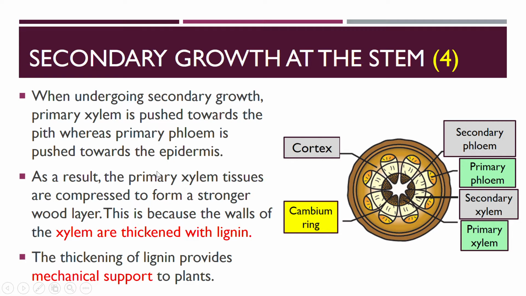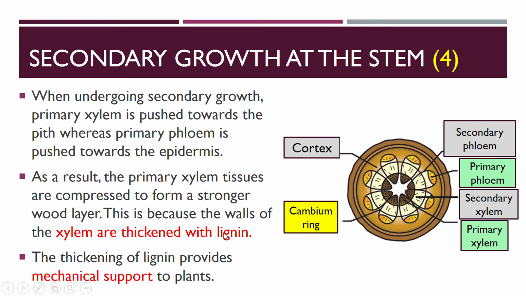Okay, so as a result, the primary xylem tissues are compressed. Ni makin ditekan ini. So what will happen is it becomes stronger wood layer because the walls of the xylem are thickened with lignin. Remember I've mentioned the terms just now, lignin.